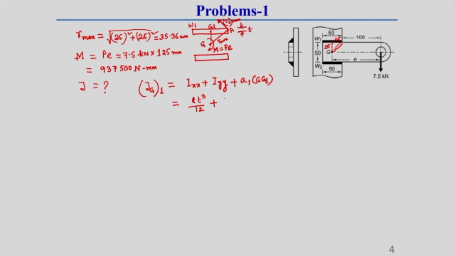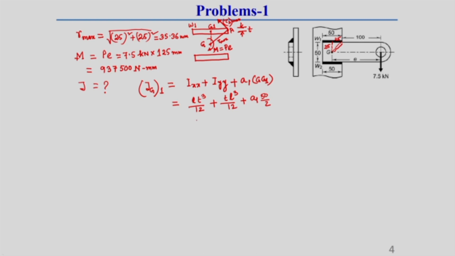So, Iyy equal to TLQ divided by 12 plus A1 into Gg1, here as it is generally mid length, Gg1 is 50 by 2 millimeter.